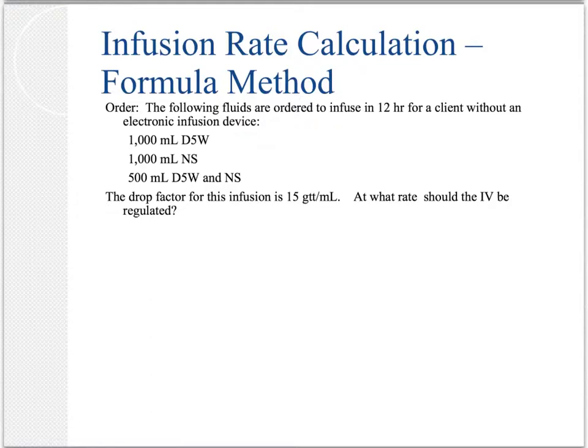Since all fluids must infuse within 12 hours, we need to calculate the infusion rate for the total volume. Adding these volumes together, we have 1,000 milliliters of D5W plus 1,000 milliliters of the NS plus 500 milliliters of D5W and NS for a total volume of 2,500 milliliters of fluid.